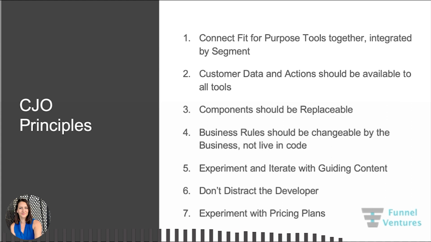Number 6, don't distract the developer. I think you've kind of gotten the gist by now, but really the developer should be focusing on building the core product, not on converting the customer. And lastly, the last principle is all about being able to experiment with pricing plans because your pricing is never going to be right on day one and it's going to evolve as your product evolves. So you want to have a framework that enables you to make some changes and experiment on that pricing.